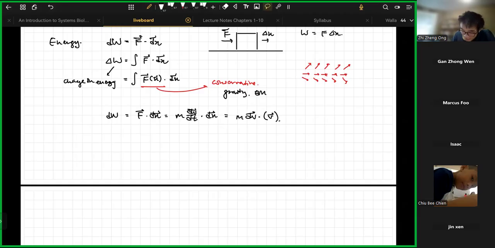So notice I combine these two things together to create velocity, and then from there I can integrate.